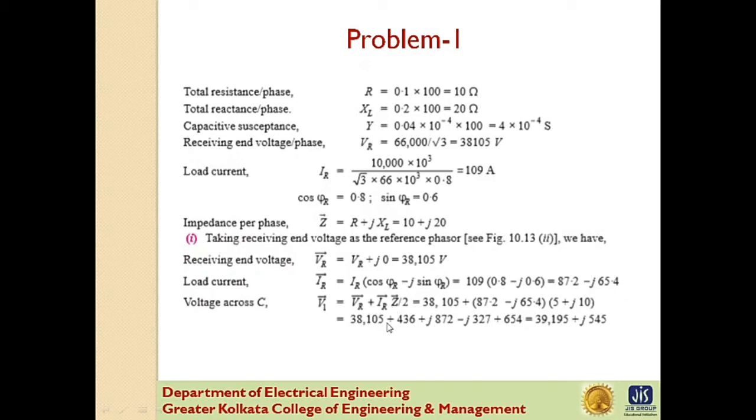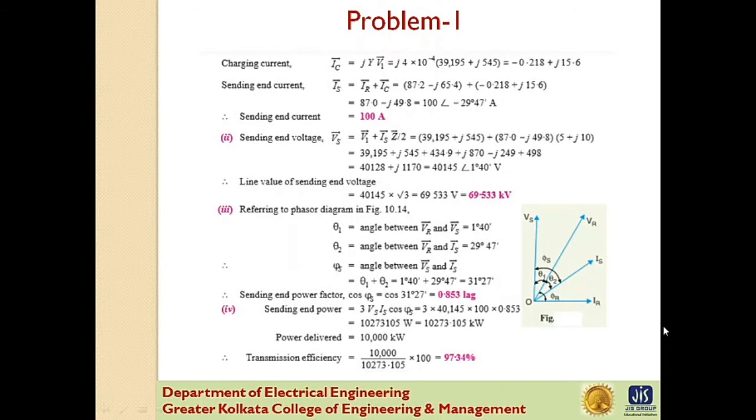And V1 is equal to, we know the formula already, we derived this formula already, VR plus IR into Z by 2. Putting the value of VR, IR, Z, we get the final value of voltage across the capacitance, that is equal to 39,195 plus J 545. Next, the expression of charging current is J into susceptance into V1, that is voltage across the capacitance.